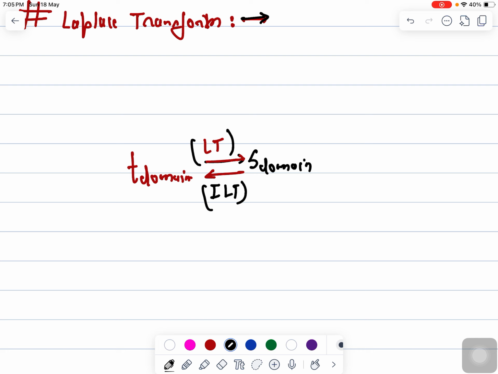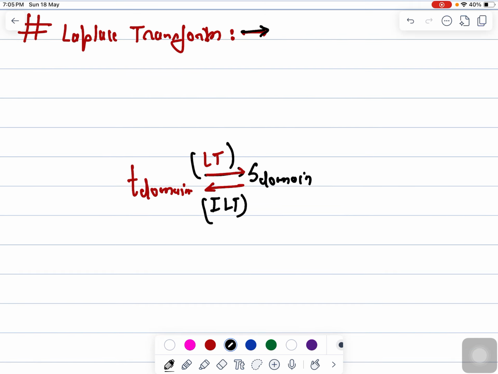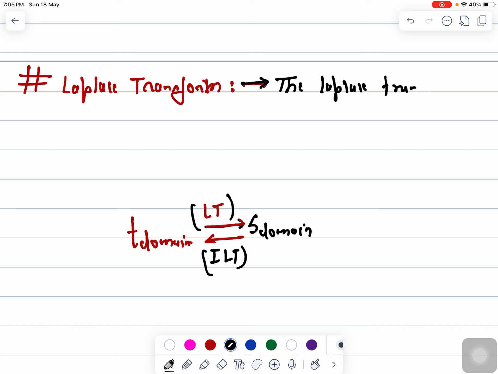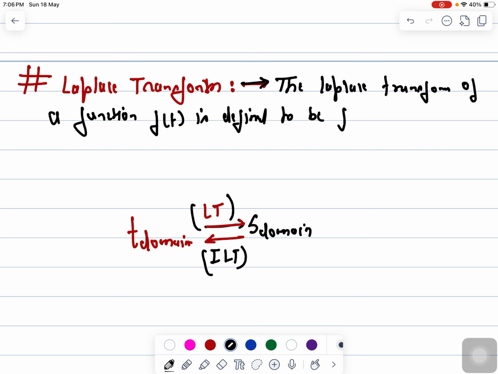Okay, so what are we doing in the Laplace transform? Here you can write the definition. The Laplace transform of a function f(t) is defined to be F(s) according to the formula.